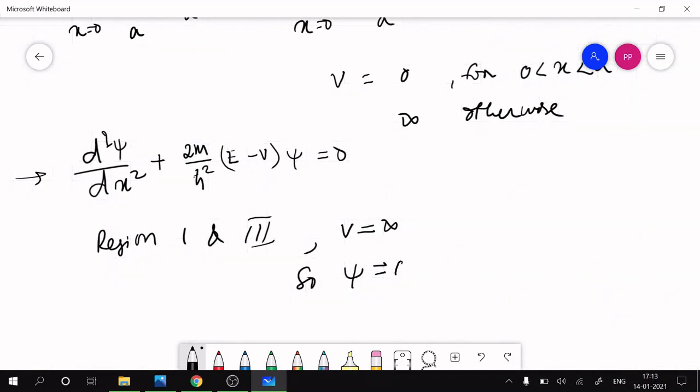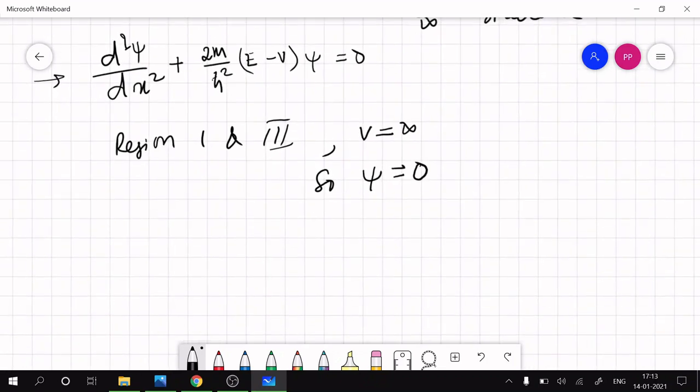Their wave function must vanish. Then we are left with region 2.